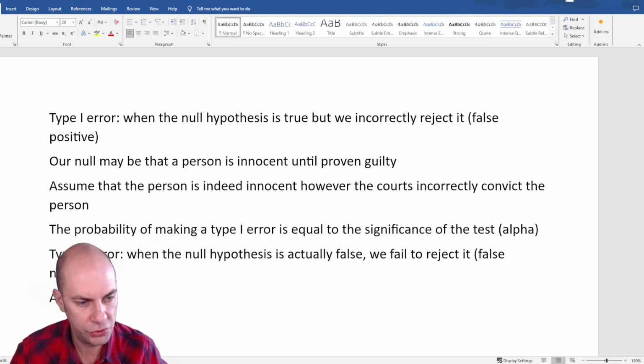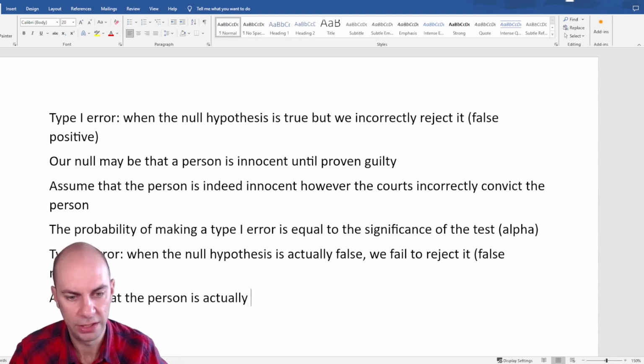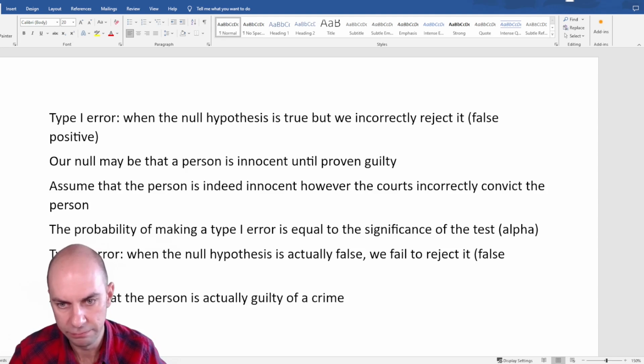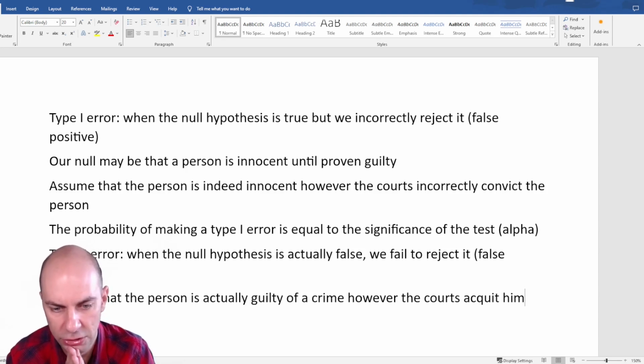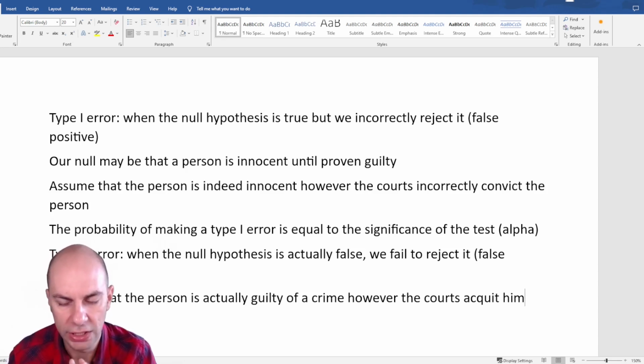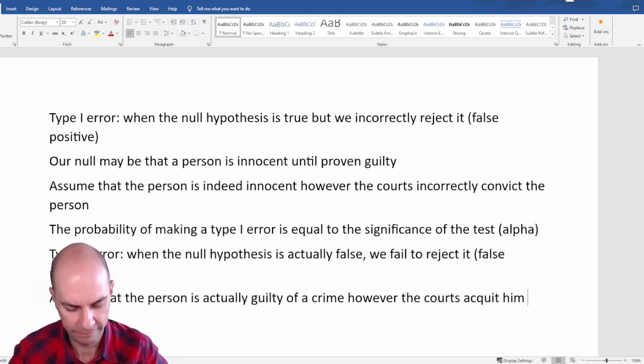However, assume that the person is actually guilty of a crime. However, the courts acquit him. The courts acquit him. So he doesn't go to jail. So the courts incorrectly fail to convict him.